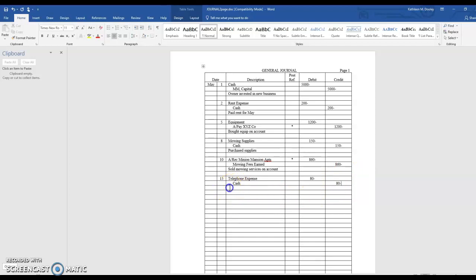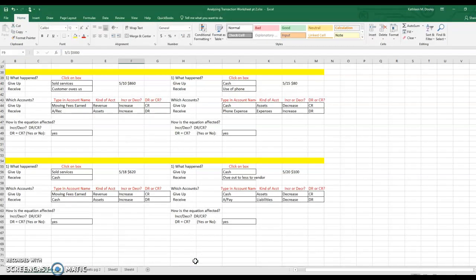We have our explanation. Paid phone bill for May. Skip a line. Skip a line between each transaction. Okay.